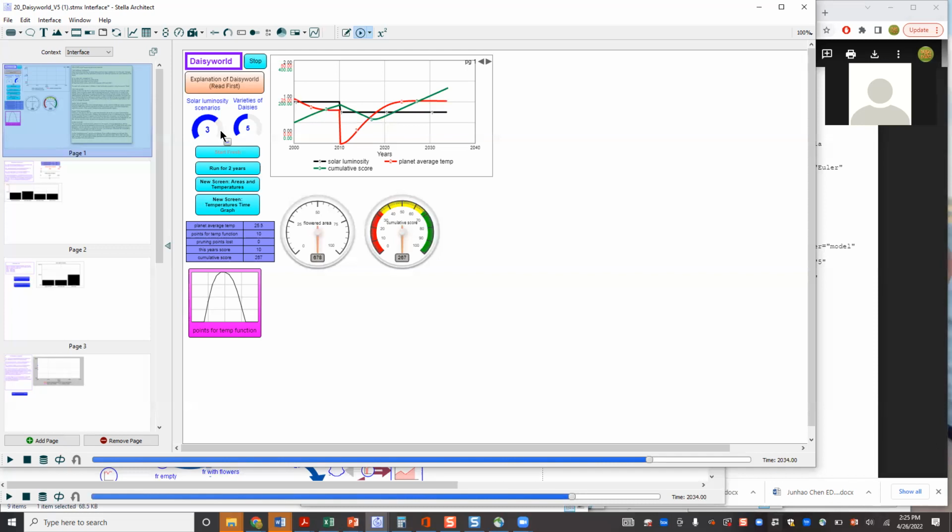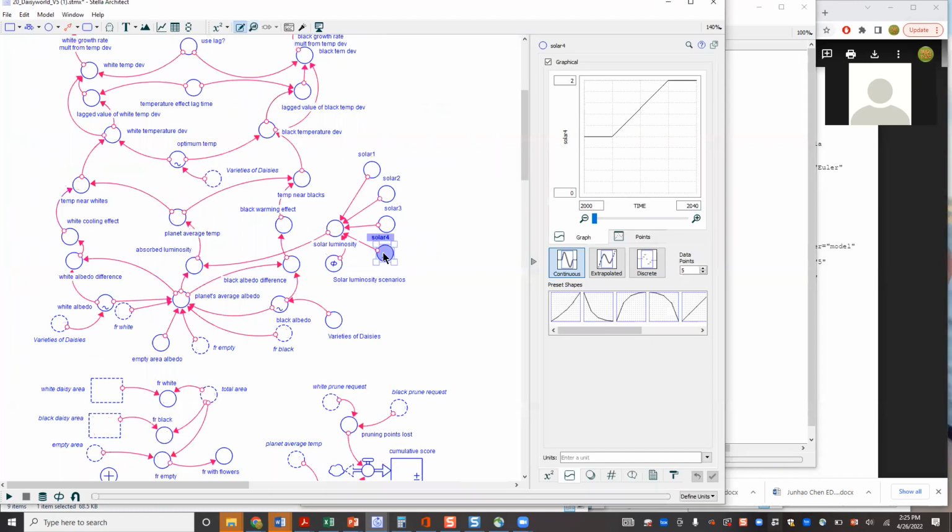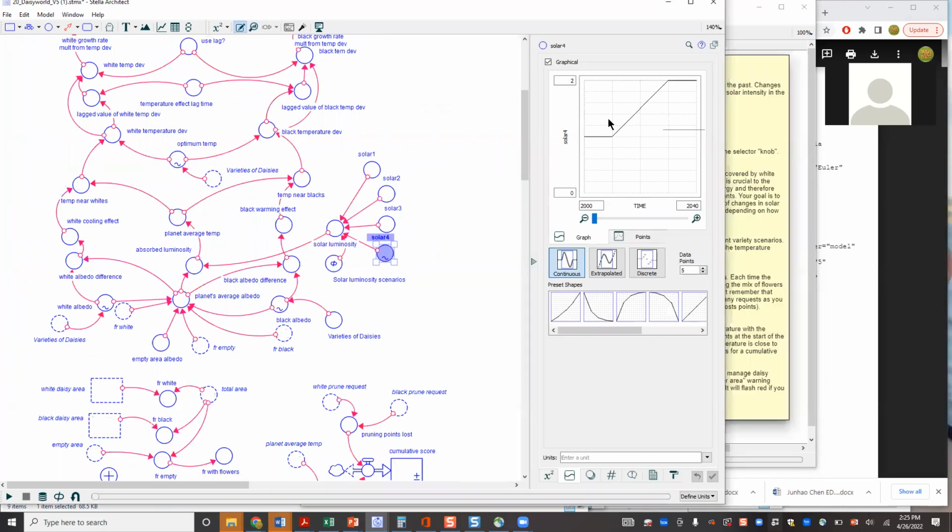All right, for this next one I don't want to run this yet. I want you guys to think about this final scenario, in which the temperature increases continuously. If we go back to the model for a second and we double click on solar 4, you can see that in year 2010, it just begins ramping up continuously.